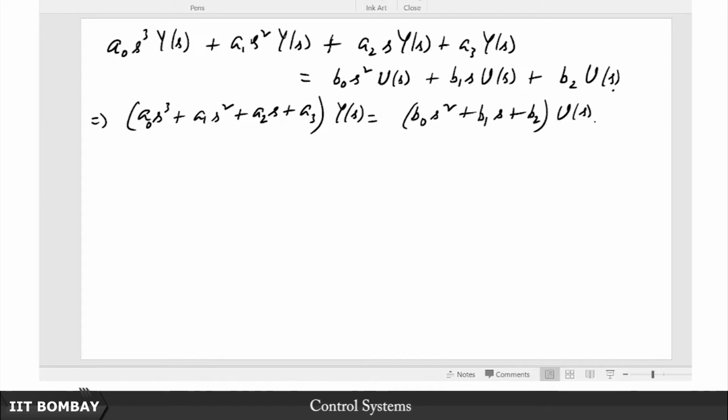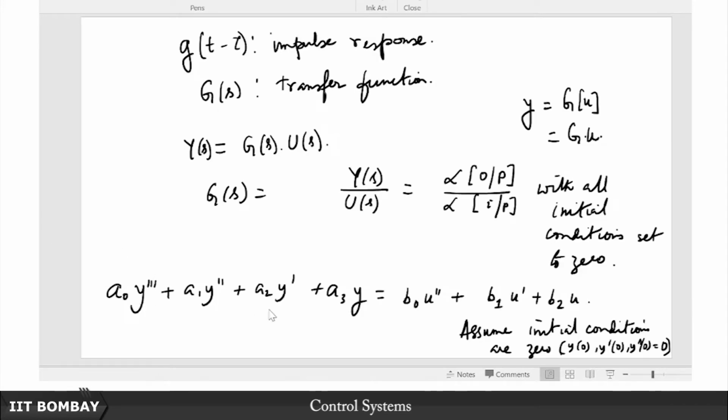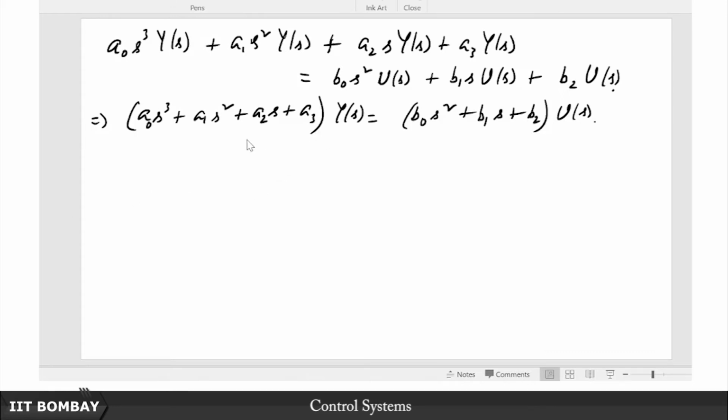Notice how we have reduced a differential equation, the solution of which entails integrations and possibly something called particular integrals in general, to one of just some algebraic manipulations. We have a polynomial as a coefficient of Y on the left hand side and another polynomial as a coefficient of U on the right hand side. So now, if we write Y(s) over U(s), we can write this as a rational function. What is a rational function?